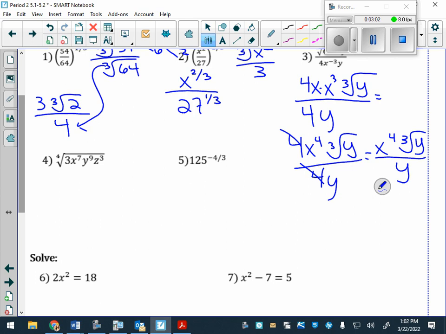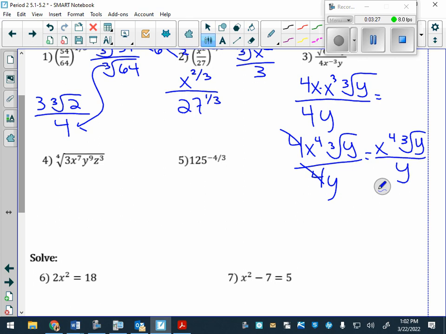Because one thing you have to remember, you cannot have radicals and/or rational exponents in the denominator. So if you did do that, you would end up with y to the 2/3 in the bottom. But you can't have that. So you would multiply top and bottom by y to the 1/3, which is a whole other piece. How many of you did get number 3 correct?